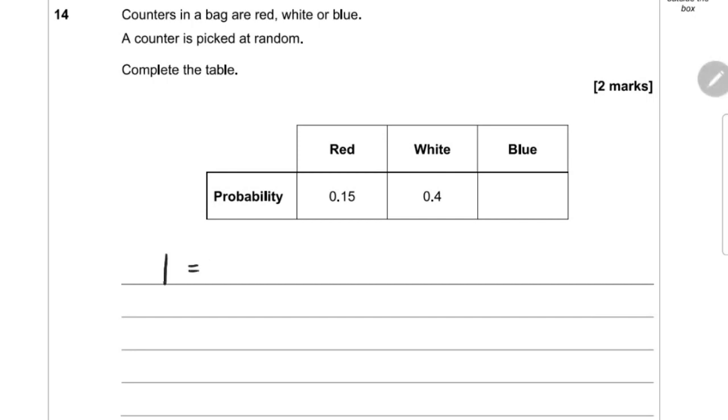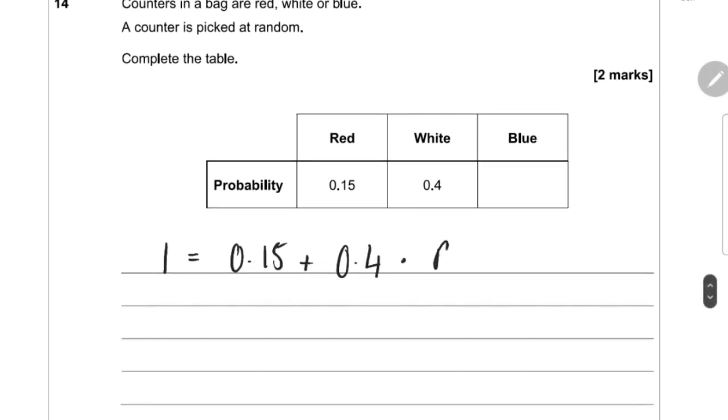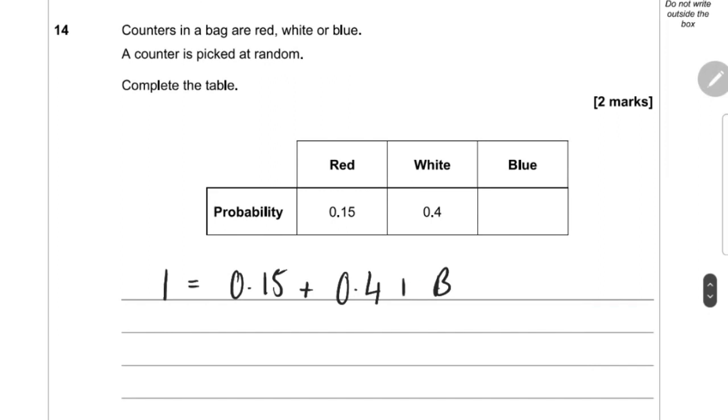So 1 is equal to 0.15 plus 0.4 plus whatever the probability of blue is. I'll just write the letter B. Sorry, that should be a plus. So B is going to be equal to 1 minus 0.4 minus 0.15.